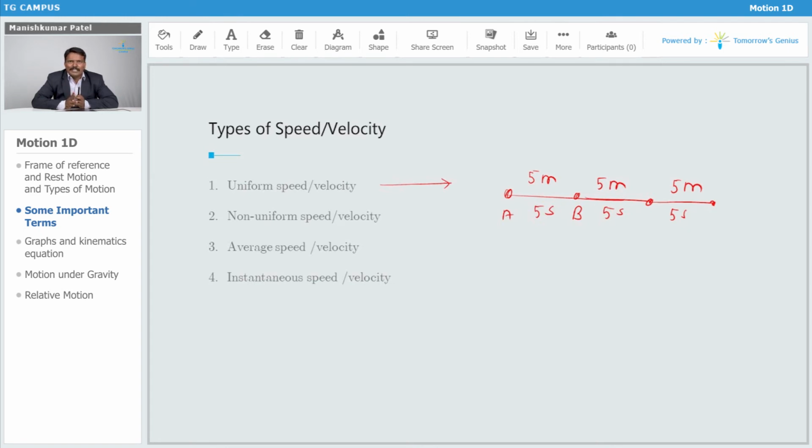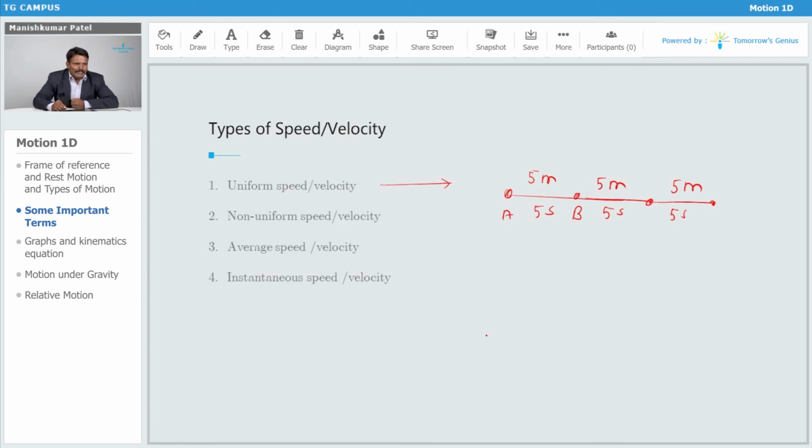When you're going on a highway, your speed is uniform and not going to change. But when you suddenly get stuck in traffic, your speed decreases, and that is non-uniform. So non-uniform speed and velocity means the object does not cover the same distance in equal intervals of time.